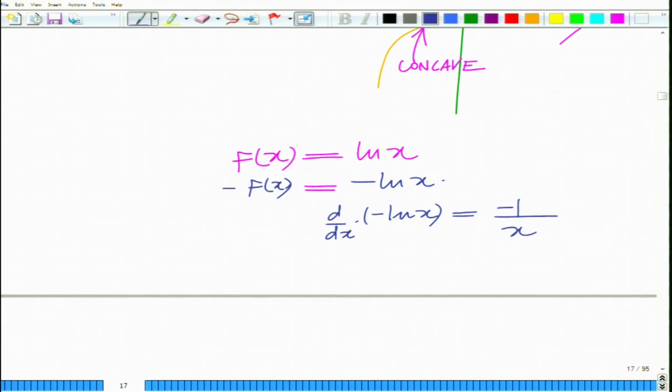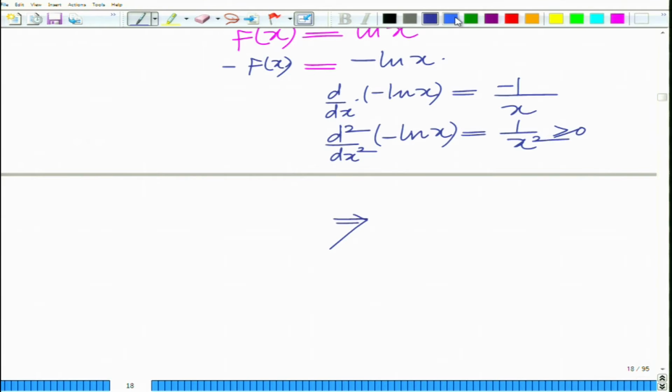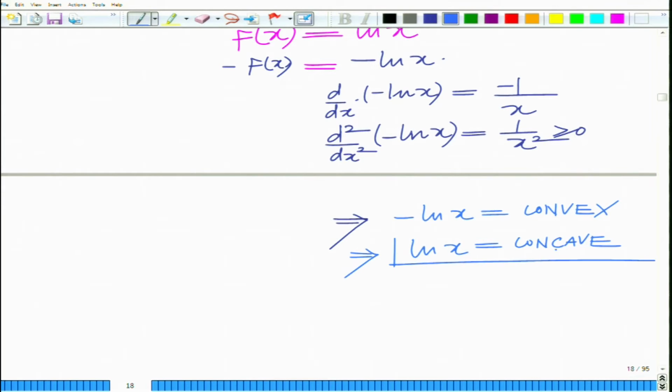Okay. Now take the second derivative, d square over dx square of minus ln of x equals 1 over x square, which is greater than or equal to 0, implies minus ln x is convex, what we had seen in the previous module, implies ln x, the natural logarithm of x, is concave.